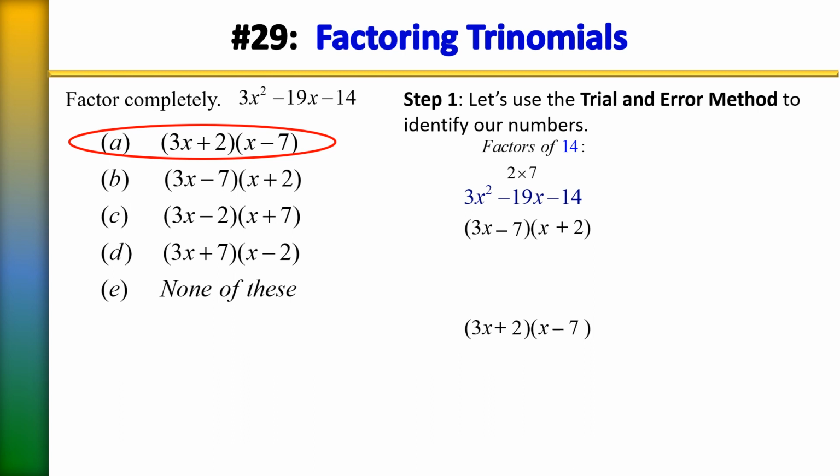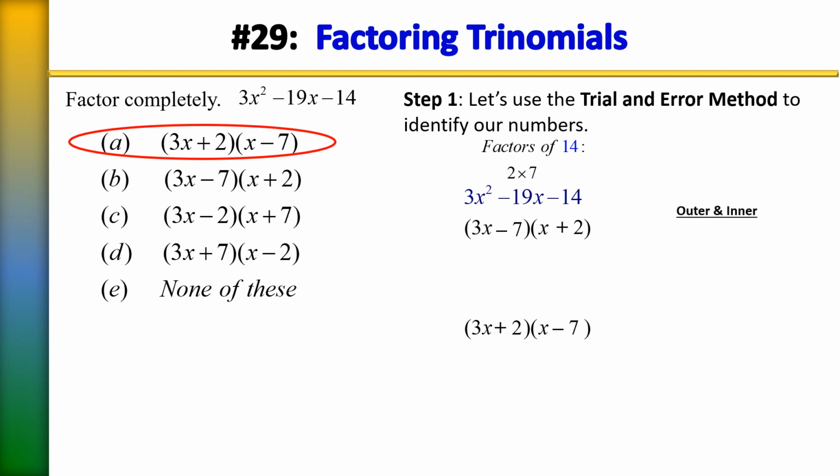Here's a quick way you can identify the answer, even on multiple choice tests. Simply combine outer and inner. If outer and inner gives you your middle term, then you have the correct pair. So let's go ahead and check out the first one.